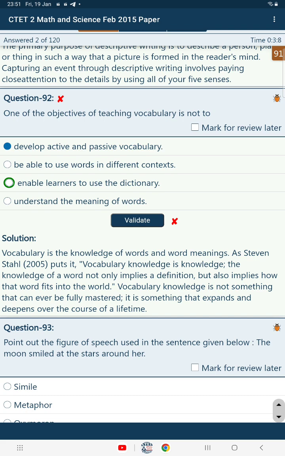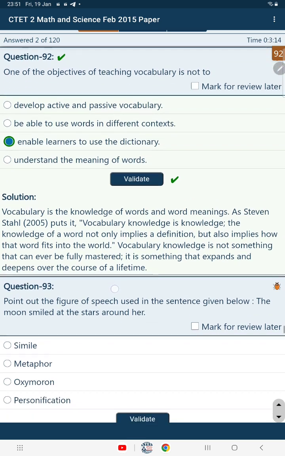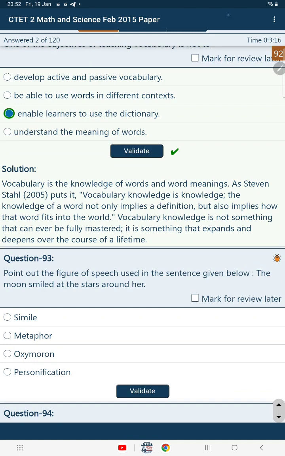Enable learners to use the dictionary. Use of dictionary is a negative sign, students. Here vocabulary is the knowledge of the word and word meaning. As Stephen Sathal says, the knowledge of the word not only implies definition, but also implies how the word fits into the world.